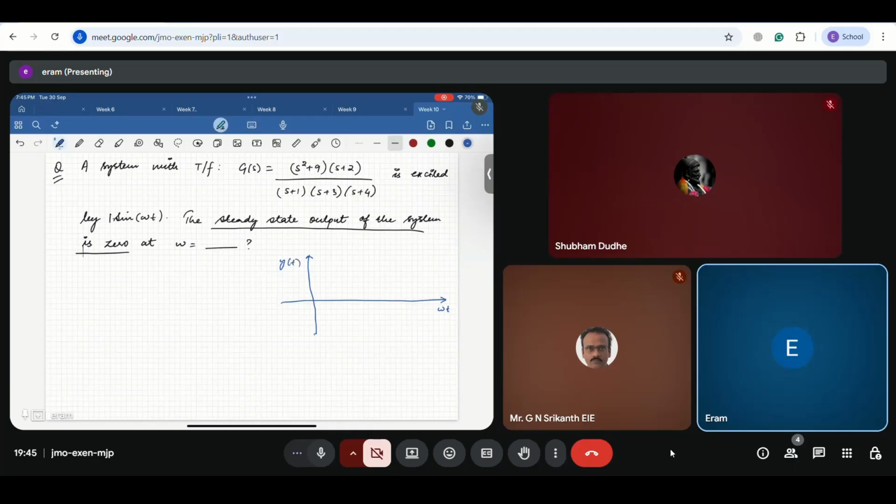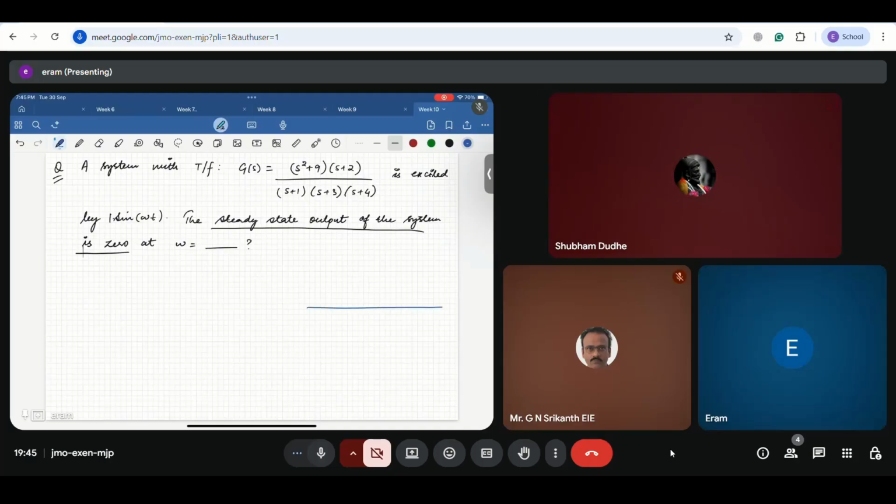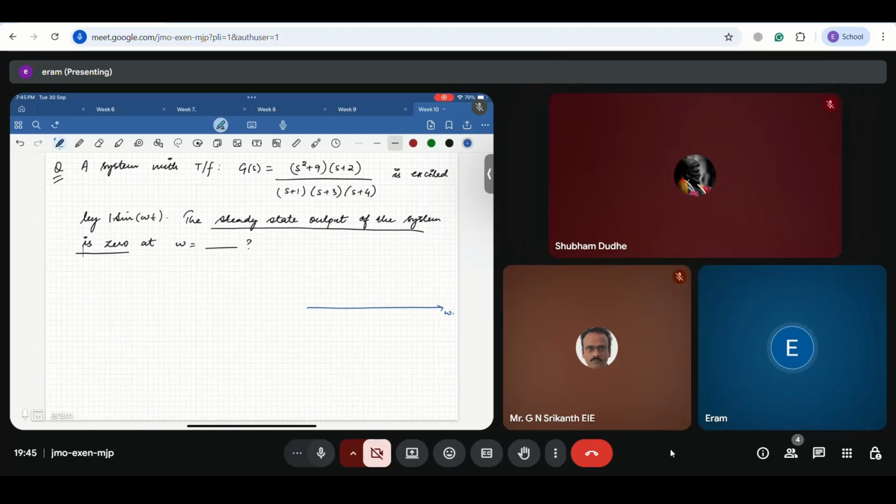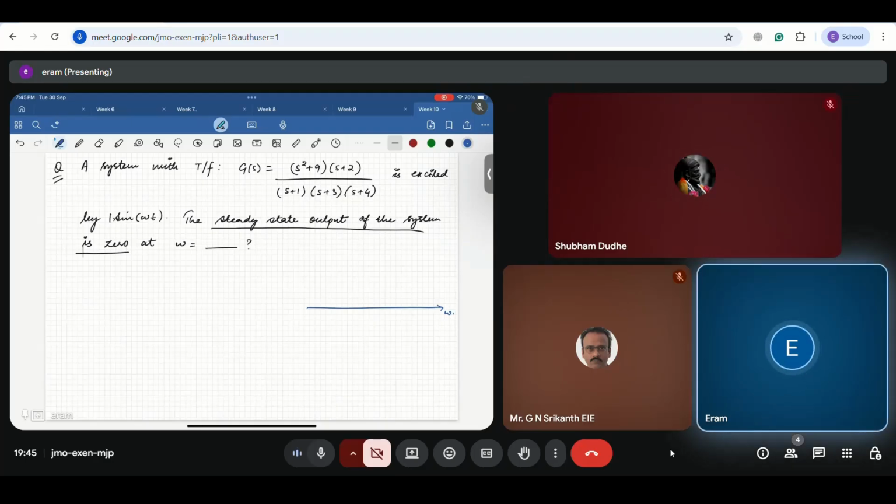If you plot, so your response will start from some value. With respect to omega I want to show you, so let's draw it like this. Ma'am, please tell how to find omega. Yes, I just want to picturize what I am going to.